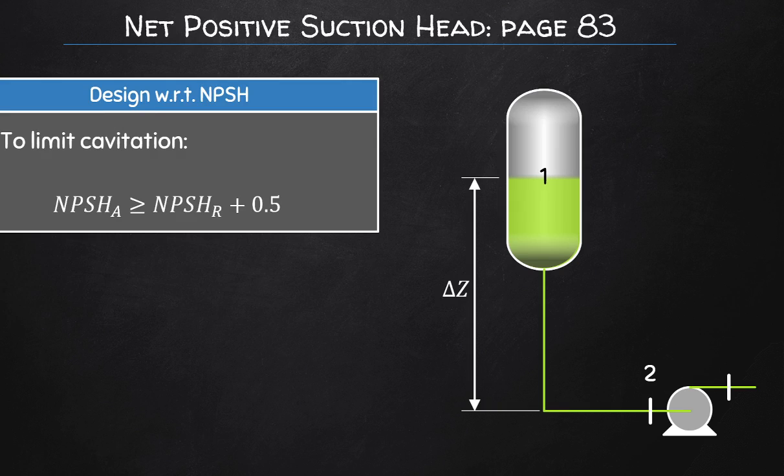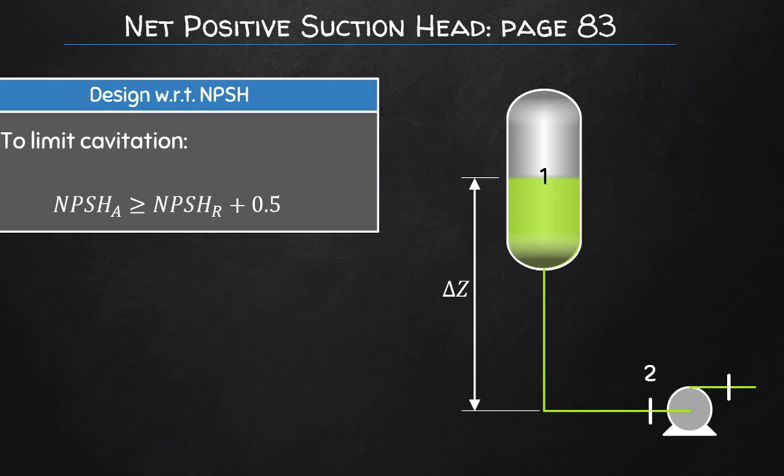Okay, but once the required net positive suction head is known, or if you have an available net positive suction head that you have designed for, then we can apply certain design criteria to make sure that no cavitation will take place for the plant design.